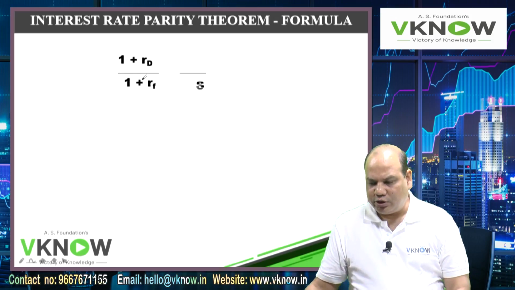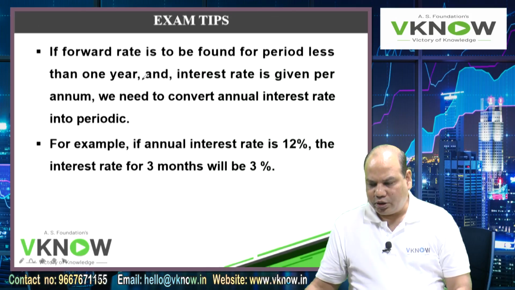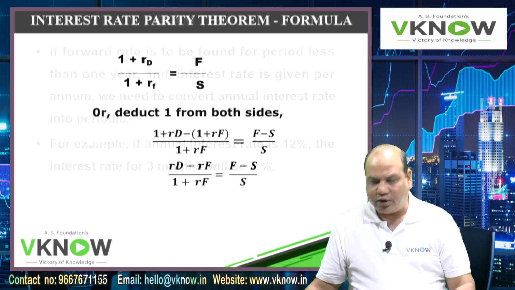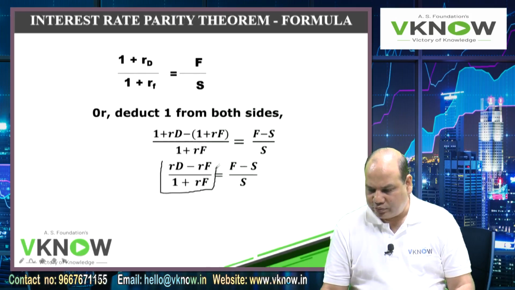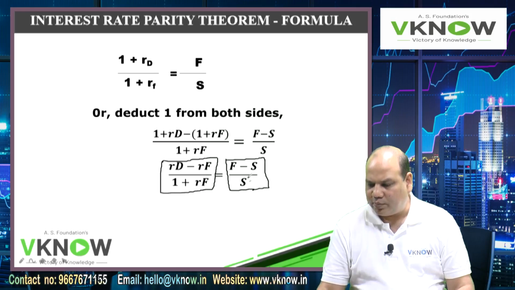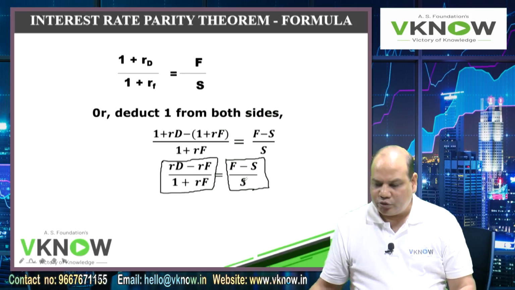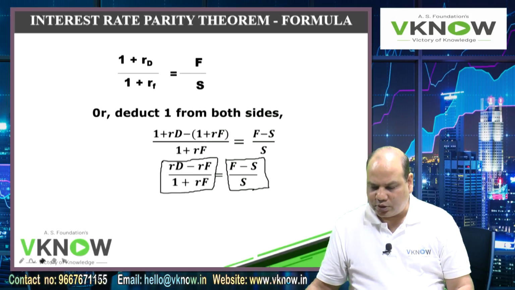Some important things we will discuss now. We will first arrive at the equation which I had promised you, that the difference in the 2 interest rates upon 1 plus RF is equal to F minus S upon S. So I am going to fulfill my promise now.